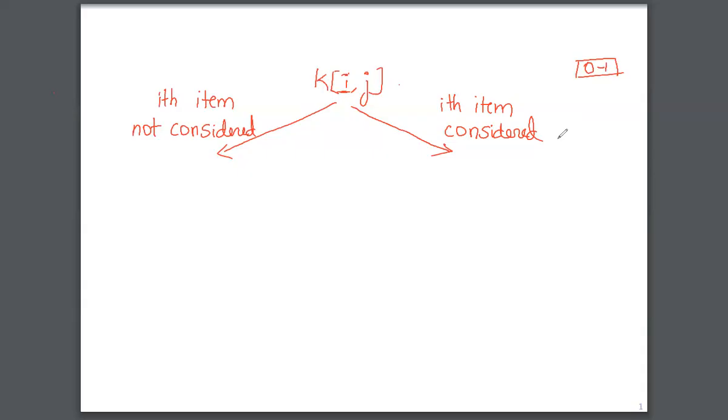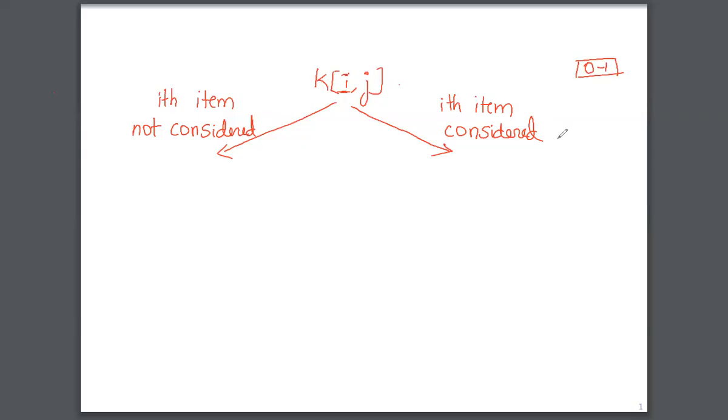If you repeat this n times, you get 2 power n. Similarly, we are here considering whether the ith item is considered or not. There are two possibilities. If you have this kind of a binary tree, remember that's how you get 2 power n. Okay. Now these are our two possibilities.